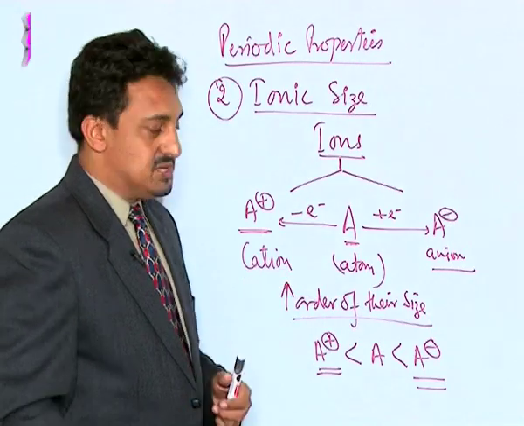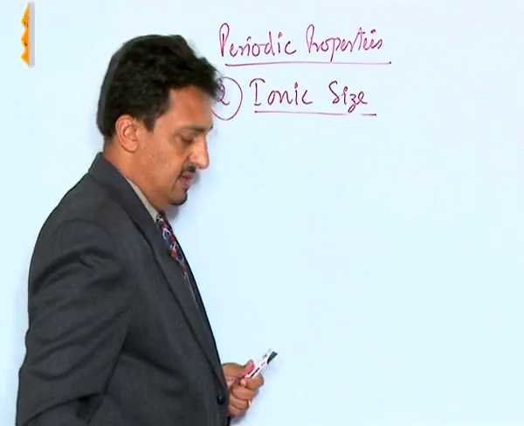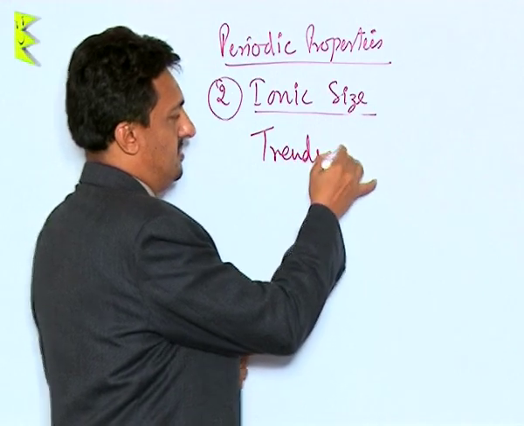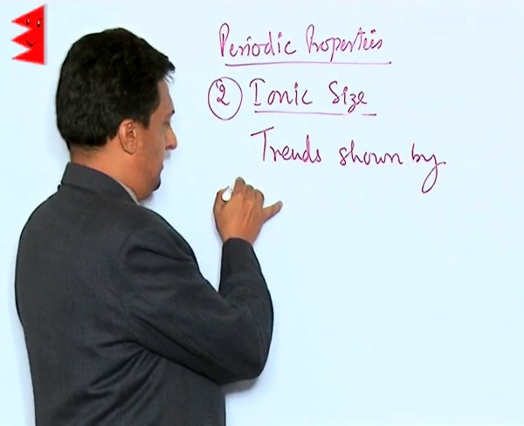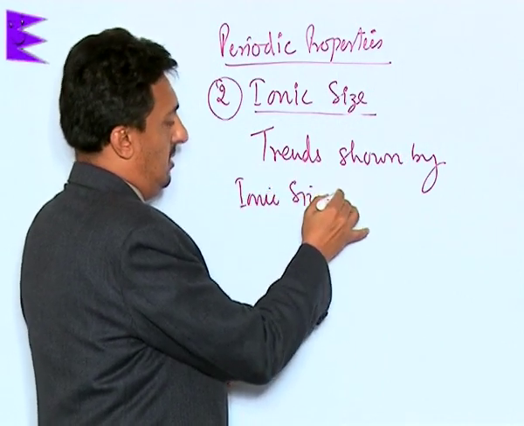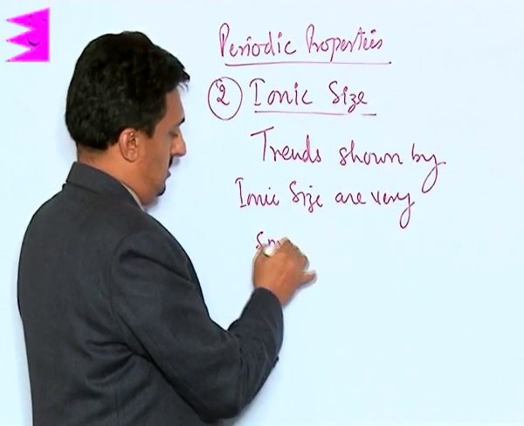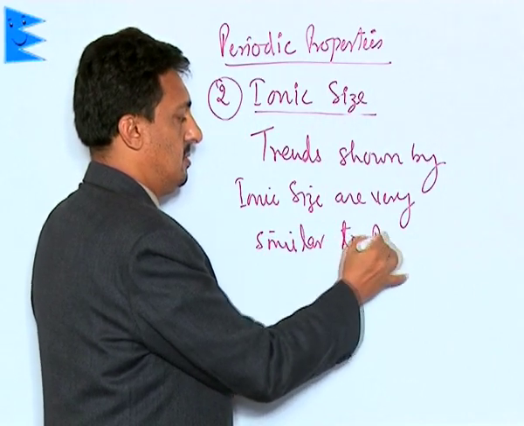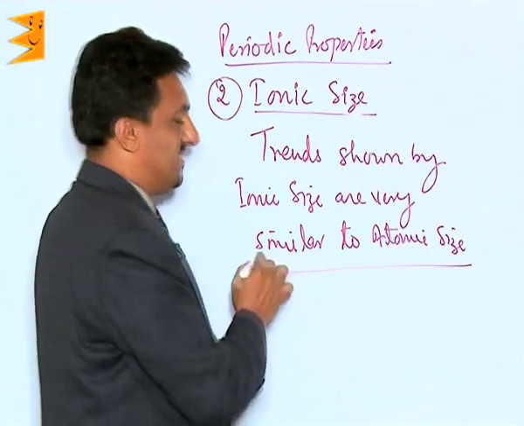And the most important thing is that the trends shown by ionic size are very similar to atomic size.